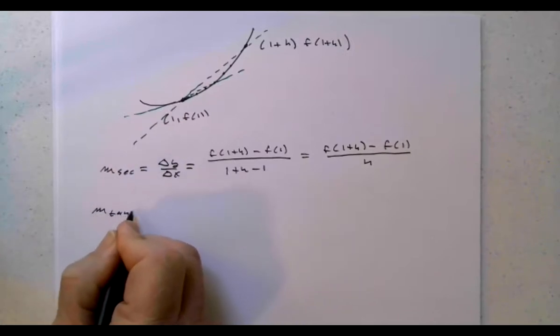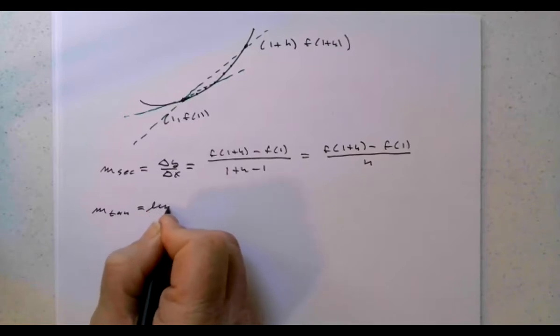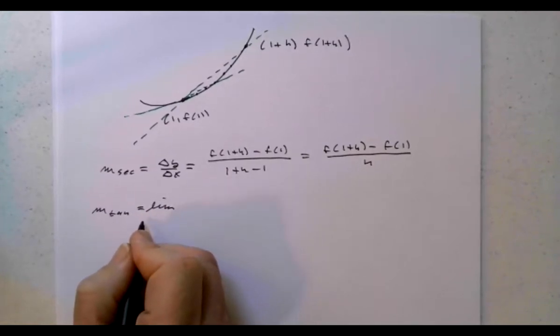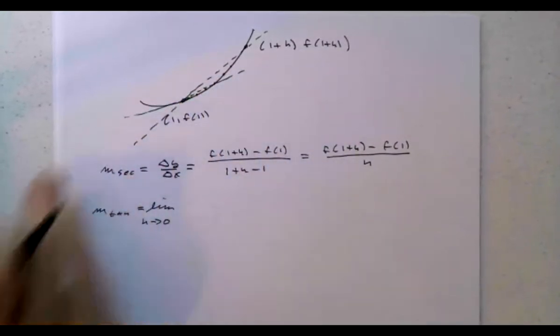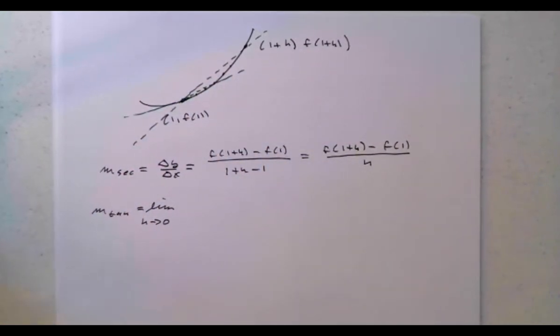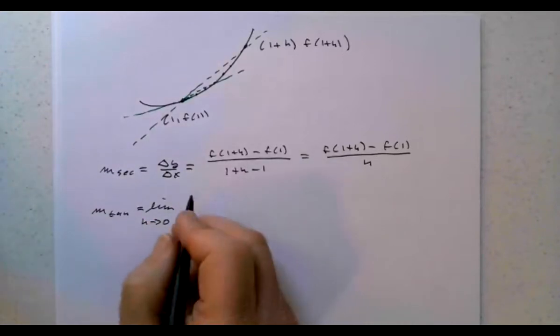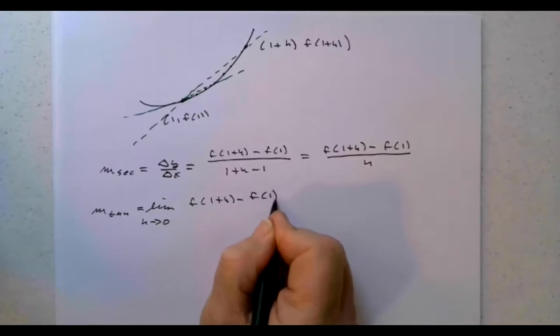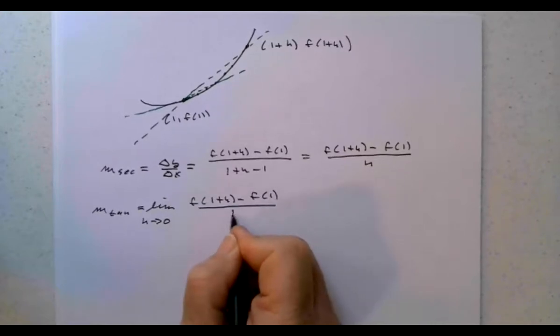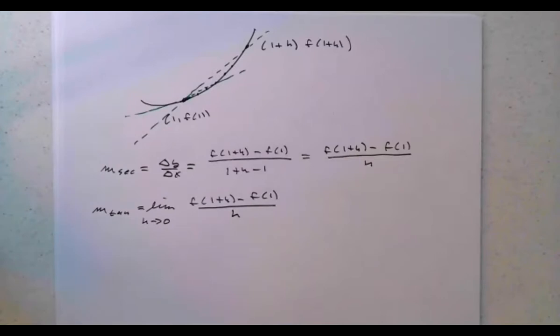The slope of the tangent would be the limit as h goes to 0. So h gets smaller and smaller and smaller. The secants get better and better. So the limit as h goes to 0 of what? Of f of 1 plus h minus f of 1 over h. That is the slope of the tangent line. That is what we're going to try to find.